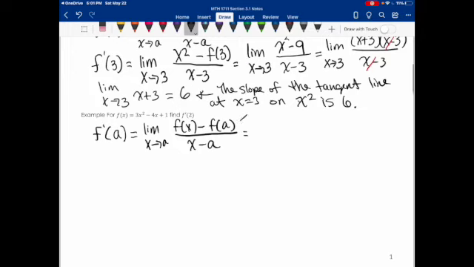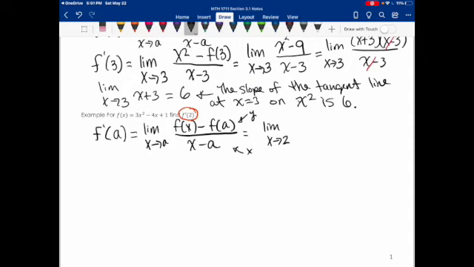And the slope is the difference in the y's over the difference in the x's. Here's the difference in my y's, and here's the difference in my x's down here. Now, my a in this case is 2. That's my point of interest. I'm trying to find the derivative at x equals 2. So everywhere I have a, I'm going to plug in 2.